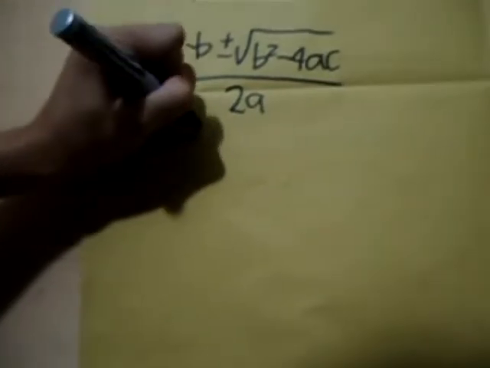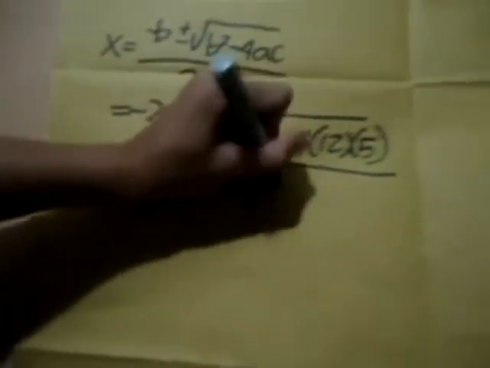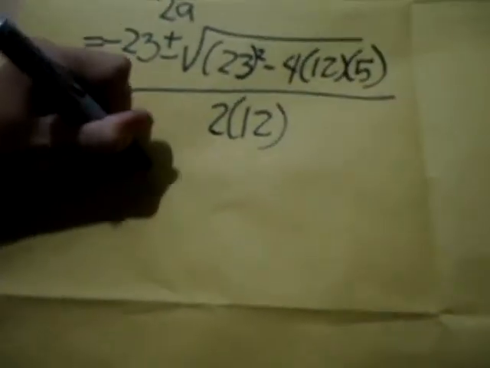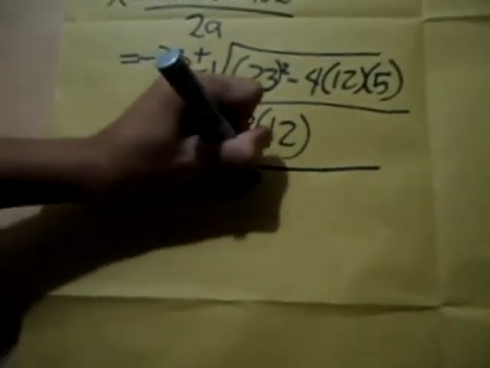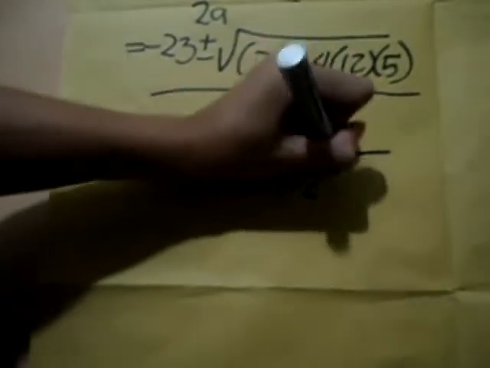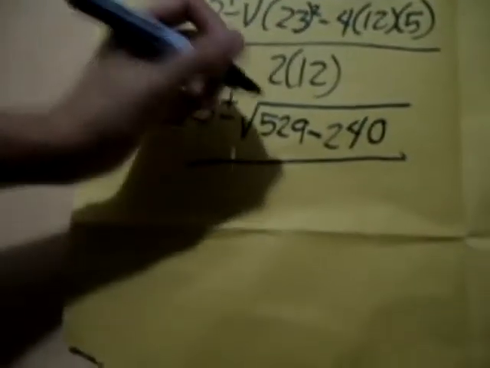Write the formula: negative 23 plus or minus square root of 23 squared minus 4 times the quantity 12 times 5, over 2 times 12. Next, negative 23 plus or minus square root of 529 minus 240, over 24.